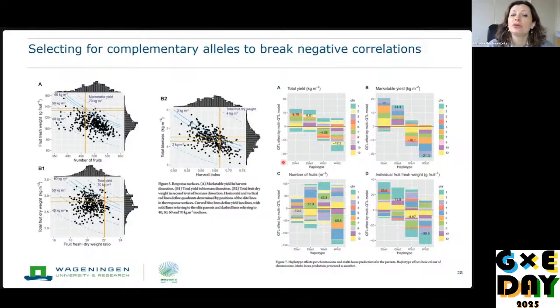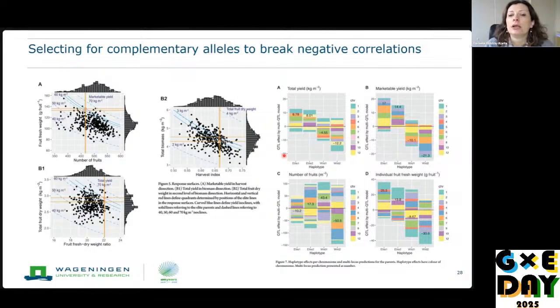She tried to find QTLs. But remember, we had 4 parents. So actually we had 2 elite lines and 2 wild parents. So each of them, we hope, could have a certain positive contribution so that we can select pieces from here and there to make the perfect genotype that would have the highest yield possible.